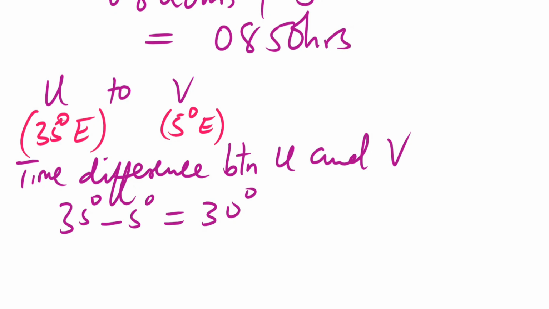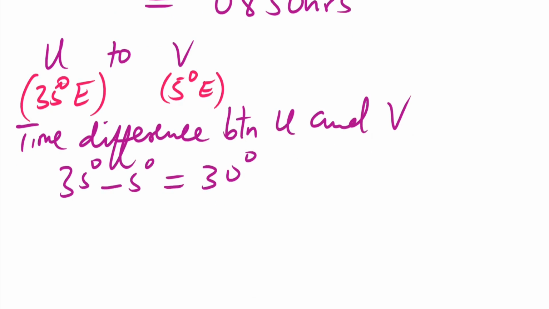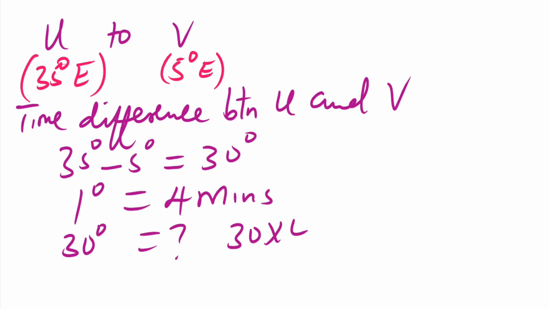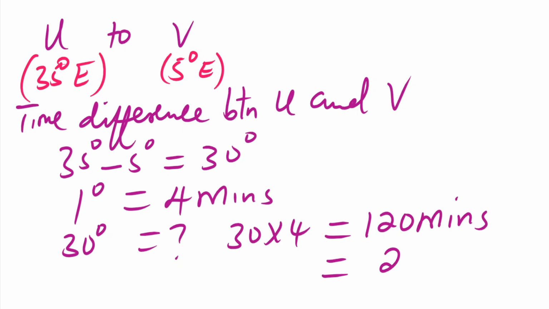Then 1 degree is equivalent to 4 minutes. So 30 degrees will give 30 times 4, which is 120 minutes, equivalent to 2 hours. So there's a difference of 2 hours between these two meridians. It's very important to note.